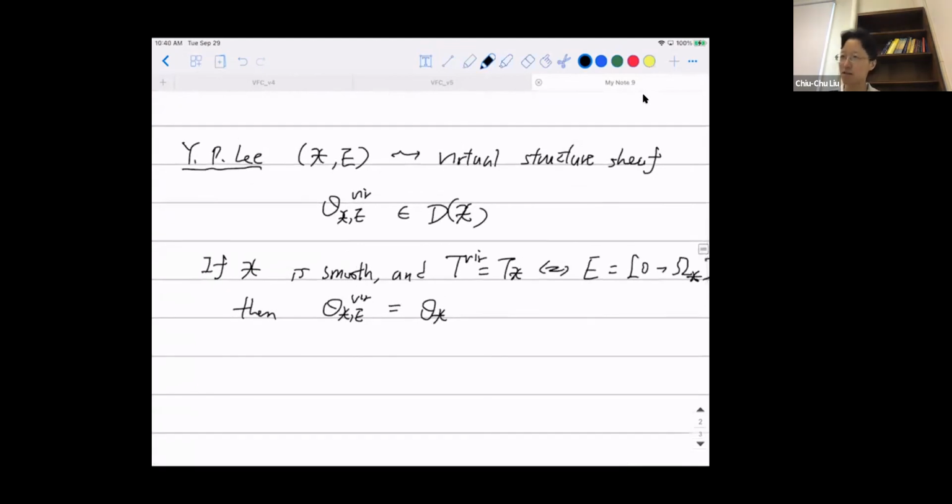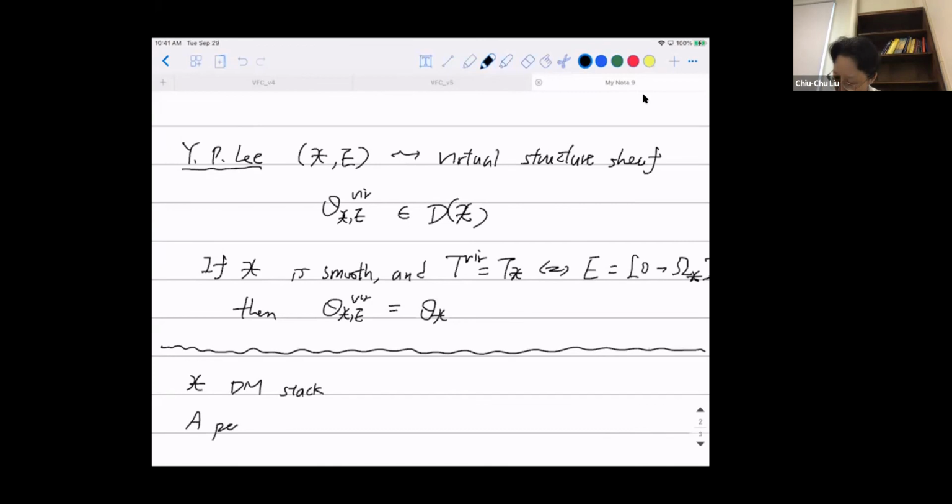Now the next thing we want to do is to try to explain what a perfect obstruction theory is and describe how Behrend-Fantechi construct this virtual fundamental class. So let X be a Deligne-Mumford stack.